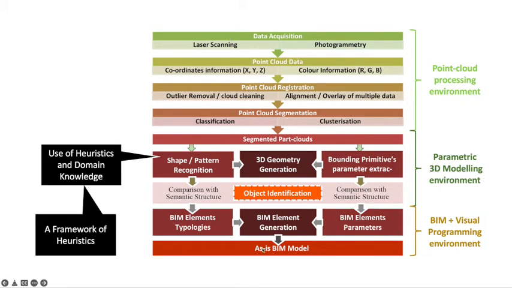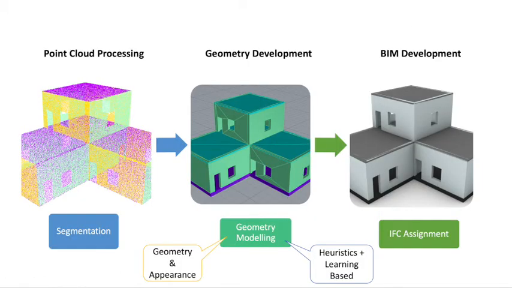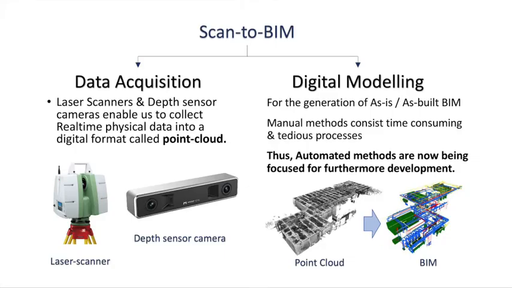In this process, the major challenge is that... here I have a representation of the scan to BIM process showing a segmented point cloud and finally the BIM development. The data acquisition devices are laser scanner and depth sensor, and digital modeling can be done through many methods.